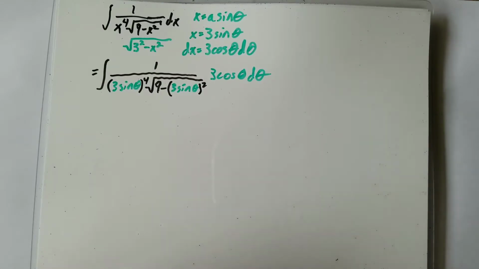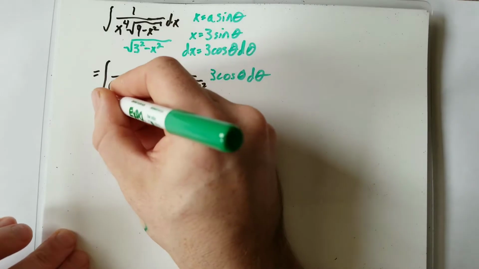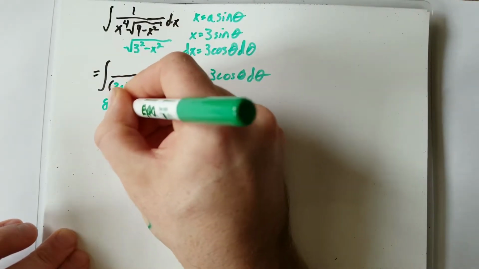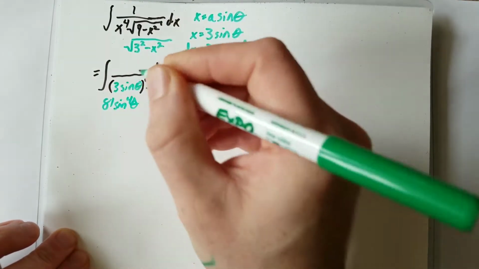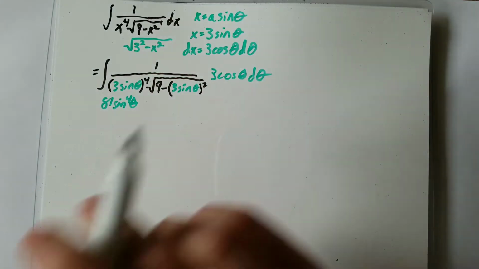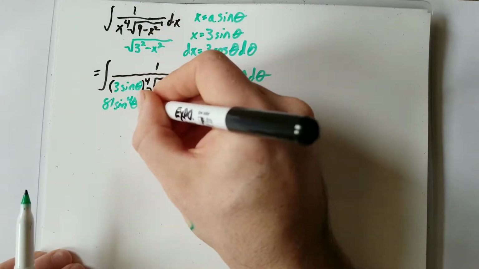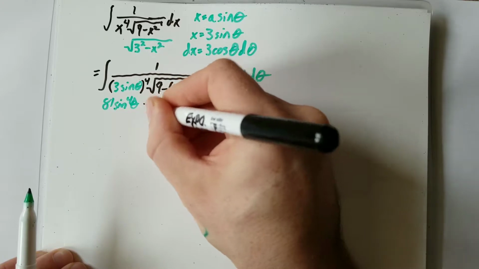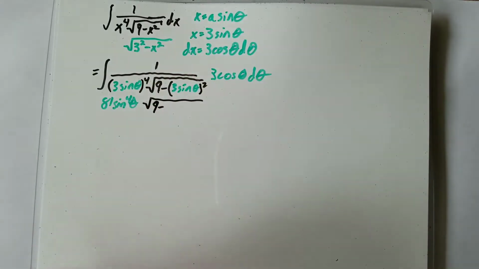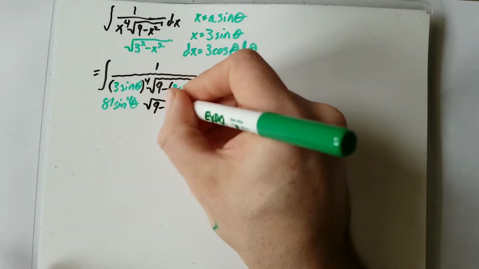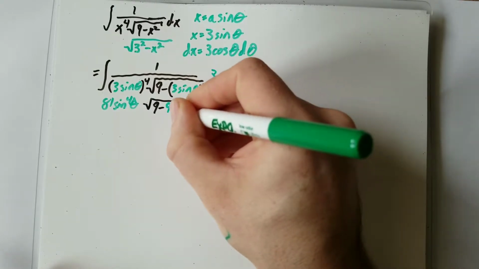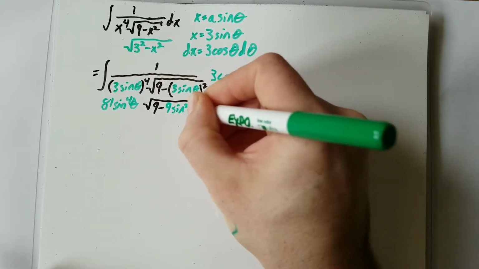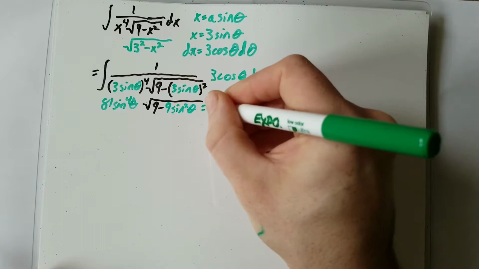Okay, so our 3 sine theta to the 4th power is going to become 81 sine to the 4th theta. And then inside of the radical sign, we've got 9 minus 9 sine squared theta.